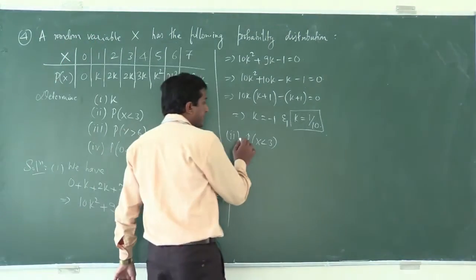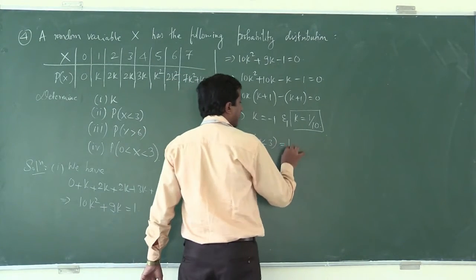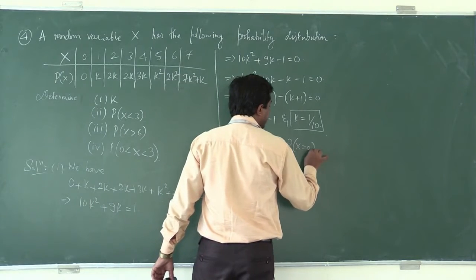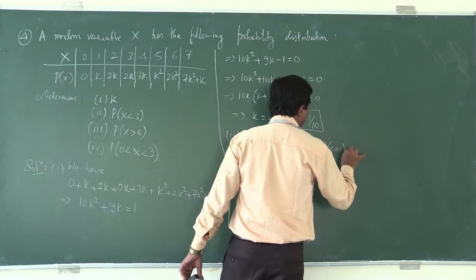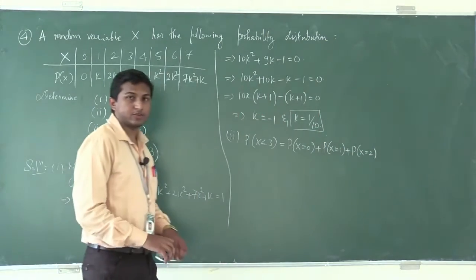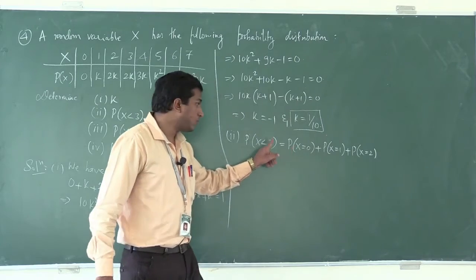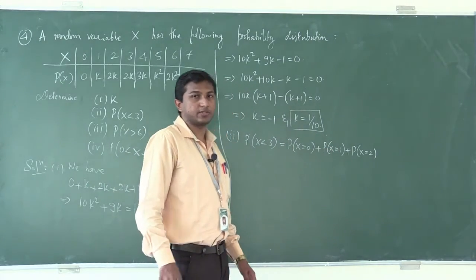So I can write p of x less than 3 is nothing but p of x equals 0 plus p of x equals 1 plus p of x equals 2.